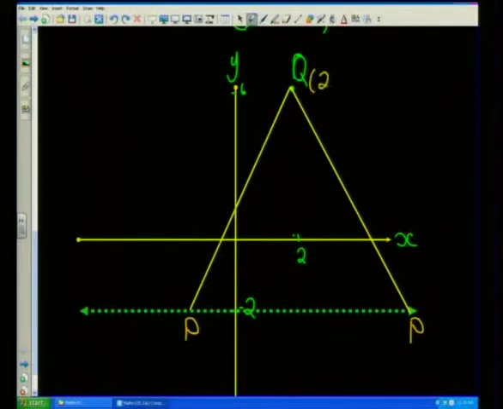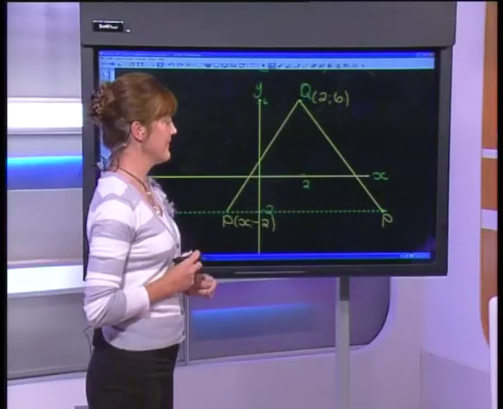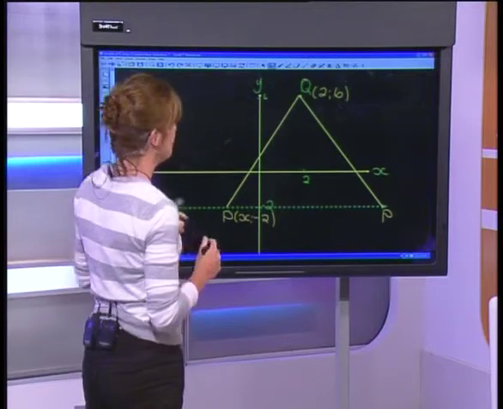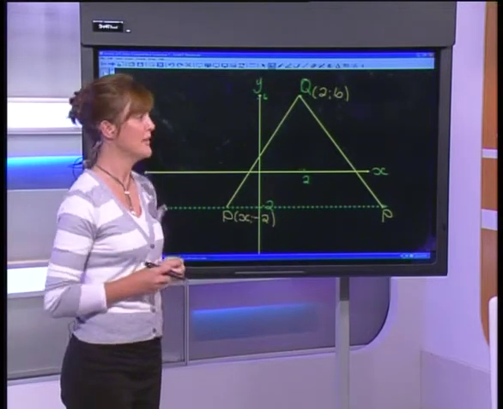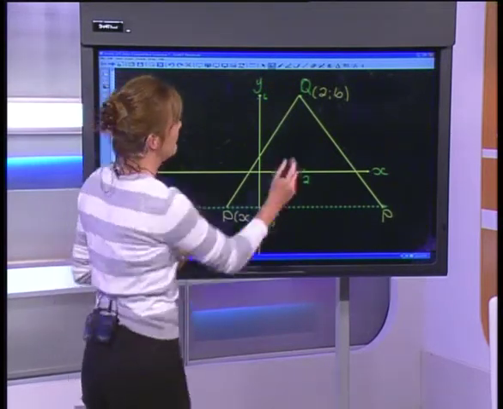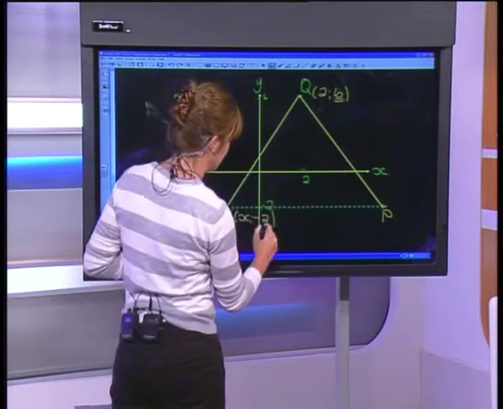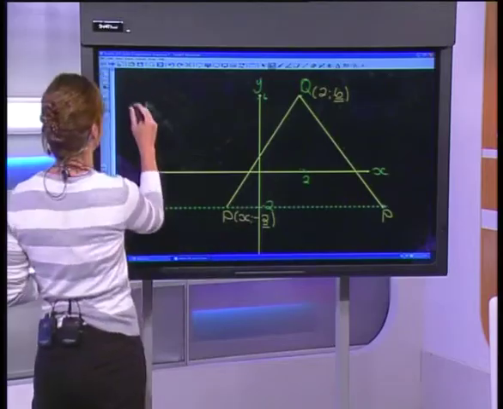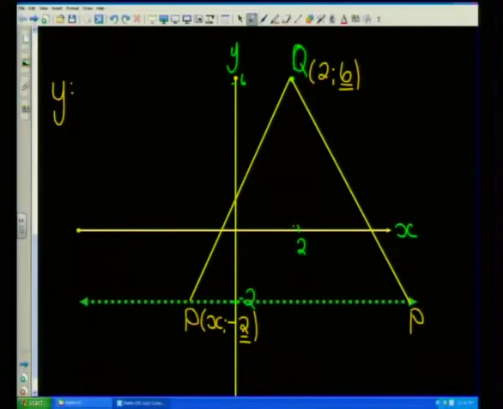So we've got 2 and 6, and we've got x and -2, okay? What we can do first of all is work out what the y midpoint is. That's easy enough to do, because if I've got the y value of each of the coordinates, we can work out the y midpoint. So to work out our y midpoint, we're going to say y1 plus y2 divided by 2.